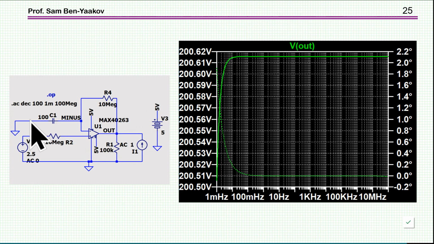Here is the effect of this capacitor at very, very low frequencies. It is still higher impedance, and only at 100 millihertz, 0.1 hertz, you can consider it as like a short. So disregard this beginning here, and so this is it. As you can see, in this case, it shows that it is independent of the frequency.